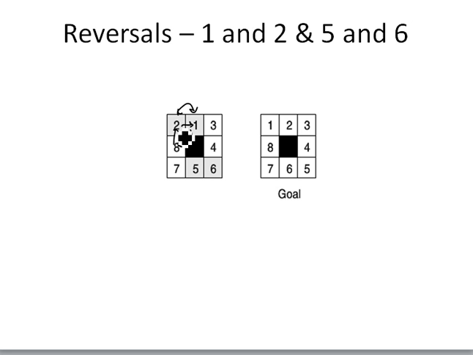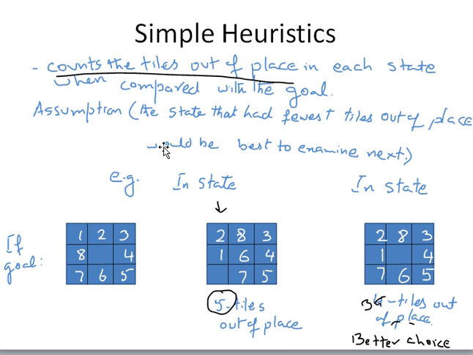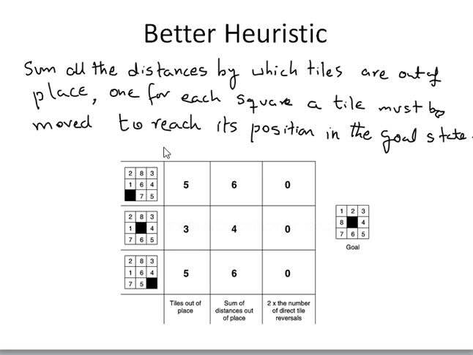So in this case, we need to use a better heuristic that will take this into account to give us a better fit. What we could do is use a heuristic that is based on the sum of all the distances. Basically we will sum all the distances by which tiles are out of place, one for each square a tile must be moved to reach its position in the goal.